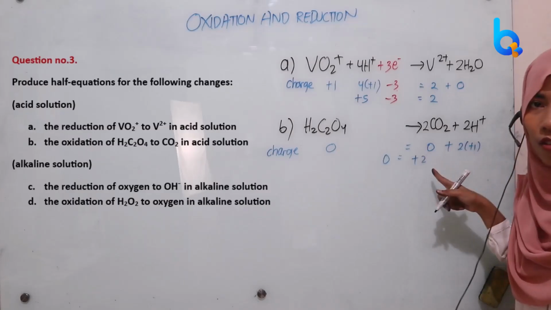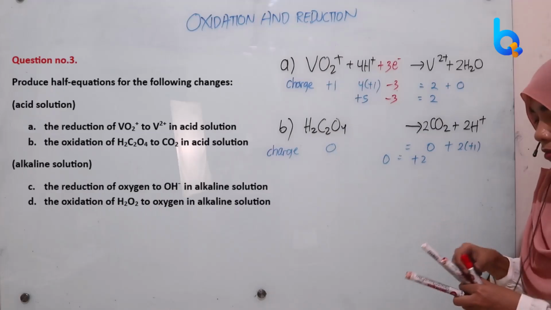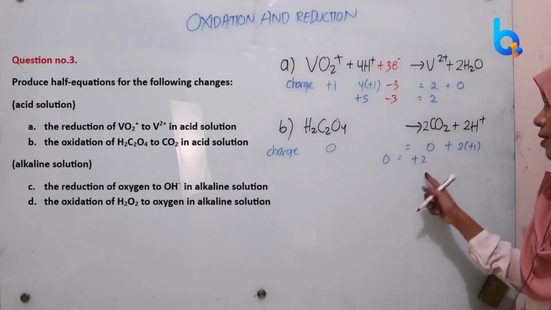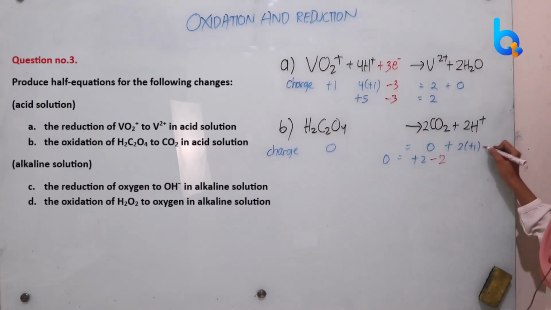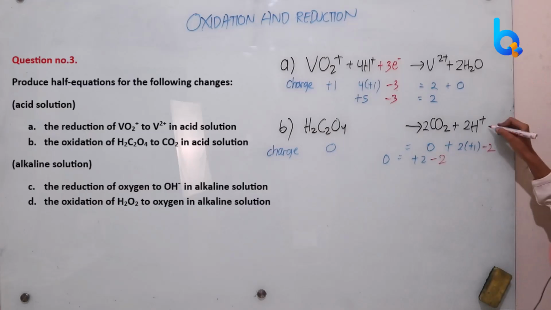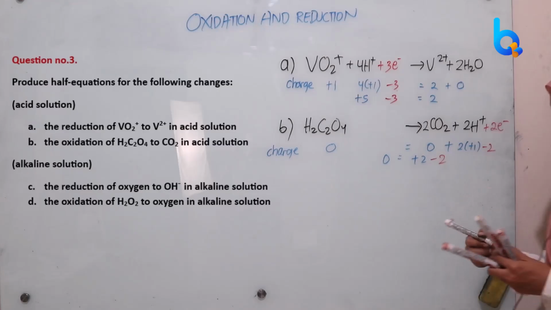Doesn't make sense, right? So we have to subtract the bigger number, same as the other one. This one must be minus 2, this one also minus 2. In the chemical equation we also put 2 electrons. Okay, so that's all for number B.